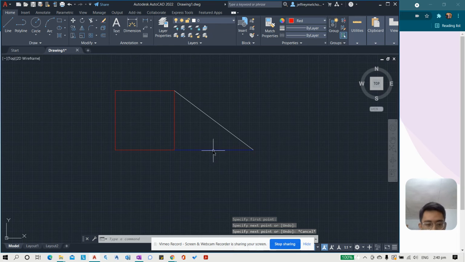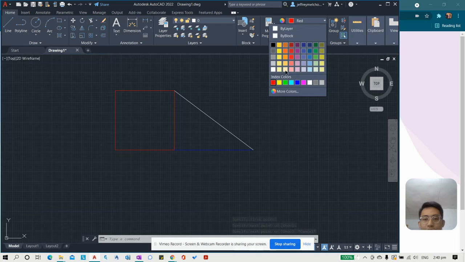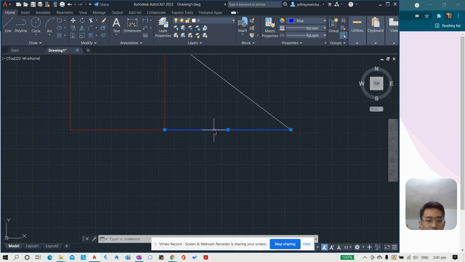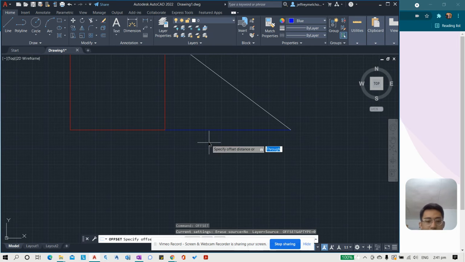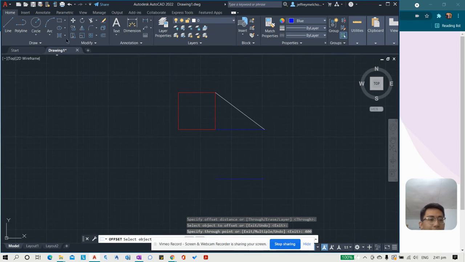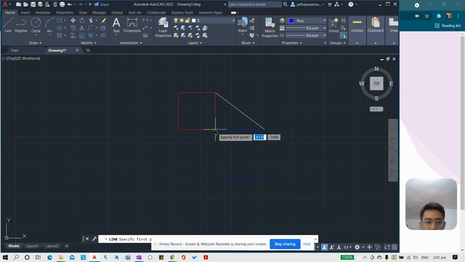And how about this side? This side has a length of 400 millimeters. So let me show you the square of this side. Offsetting by 400 and connecting the lines shows the square of this side.